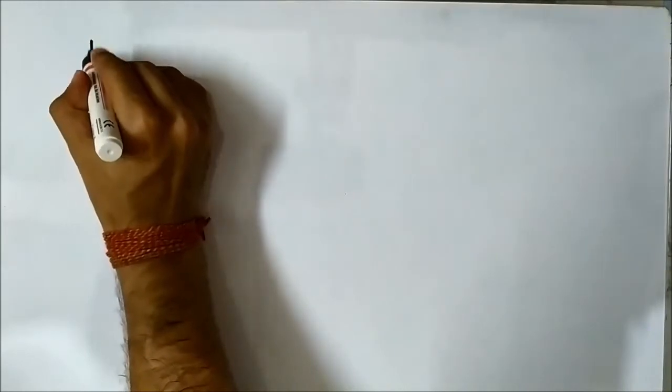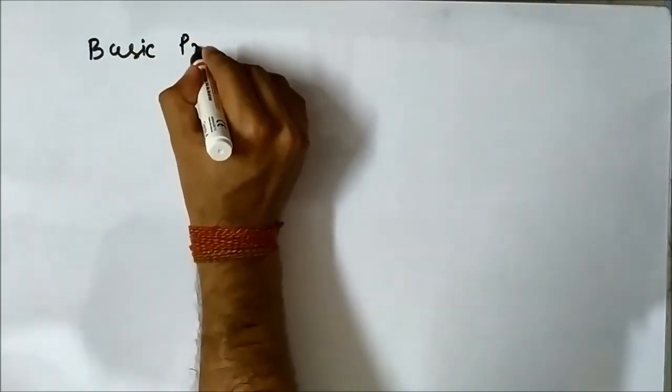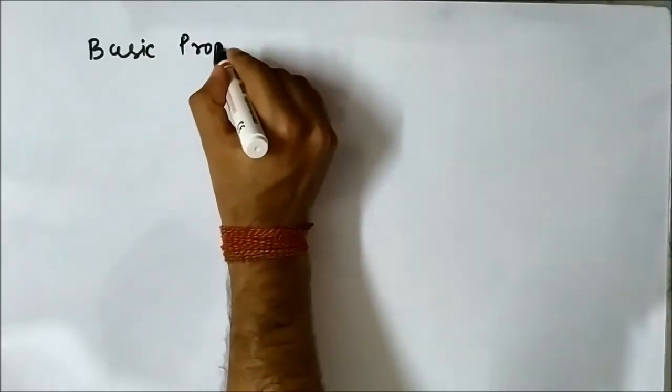So far we have discussed various things related to vectors, starting from the basic concepts about the triangle law, parallelogram law and polygon law of vector addition. Now we'll discuss some basic properties of vectors.